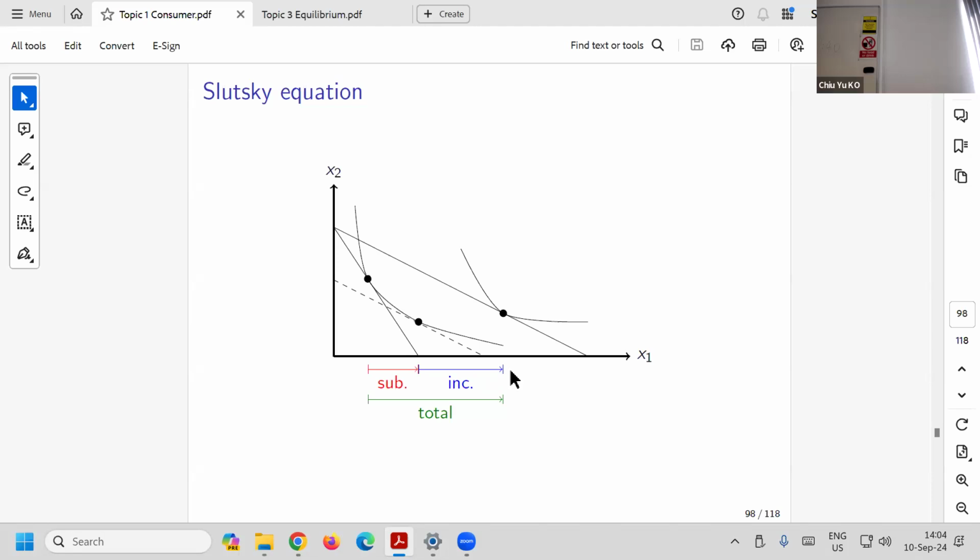Is it going to be substitution or income, which effect dominates? There's nothing I can tell you about which part dominates, it depends on the empirical result, and they can go in different directions. Things can be very different. I cannot tell, but this decomposition is very useful when you talk about how consumers change.